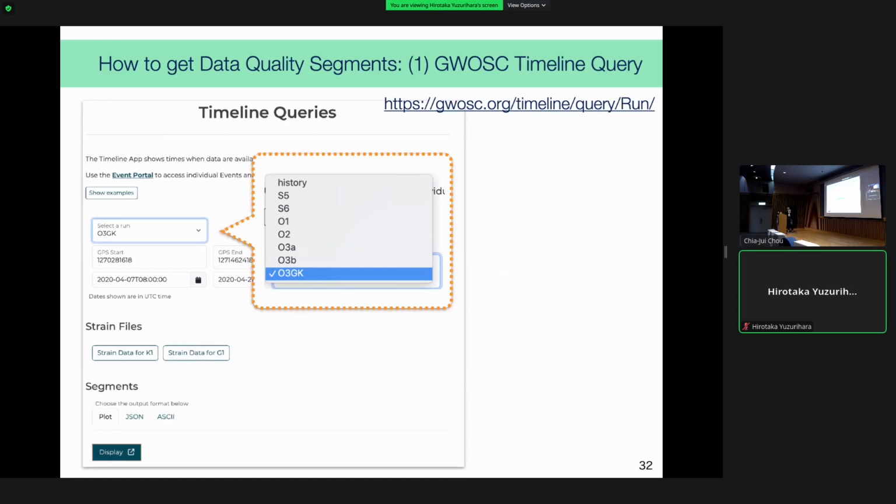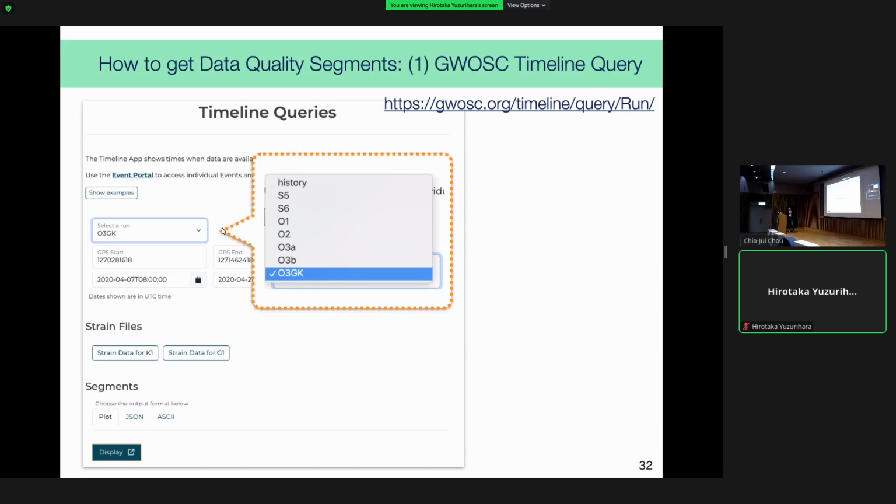Okay, so until now I explained the data quality information, which is available on the GWOSC page. And here I explain how to get data quality segments. This example is from the GWOSC timeline page. At first, please visit the web page at the top right.